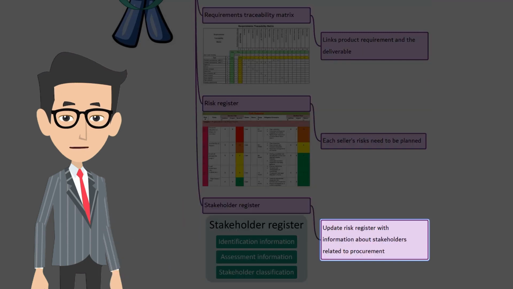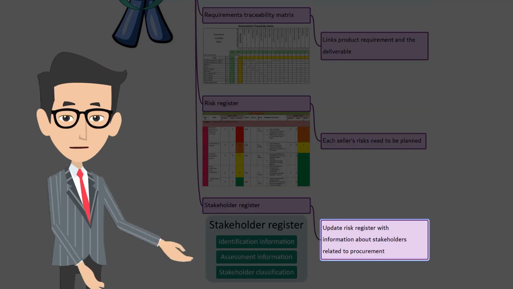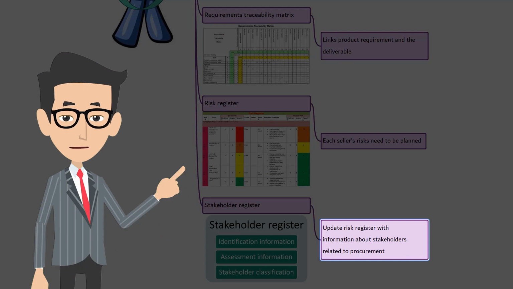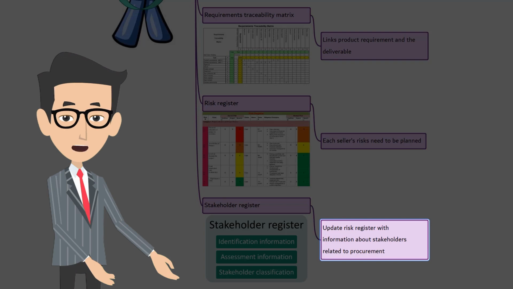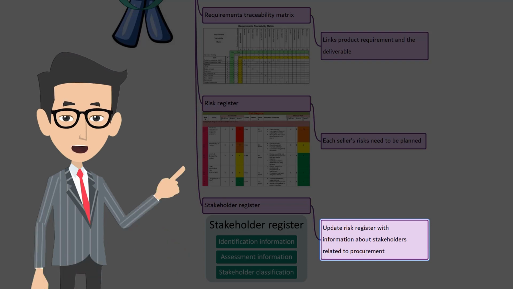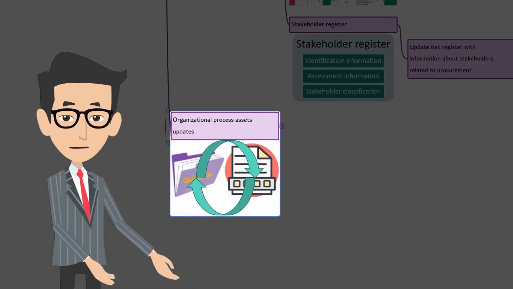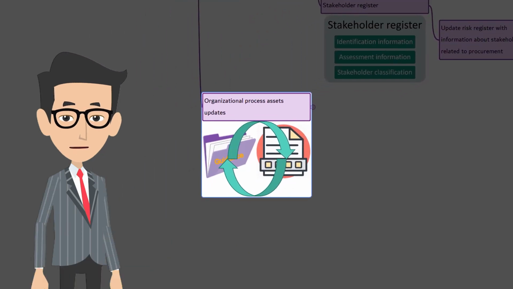As an output of plan procurement management, the stakeholder register is updated with additional information about stakeholders, in particular related agencies, contracting personnel, legal personnel, etc. The final output is organizational process assets updates. As we are planning the procurement, information on qualified sellers will be updated as an output.